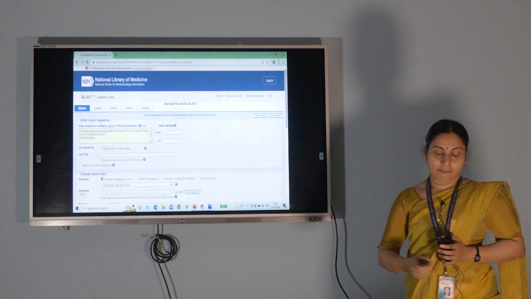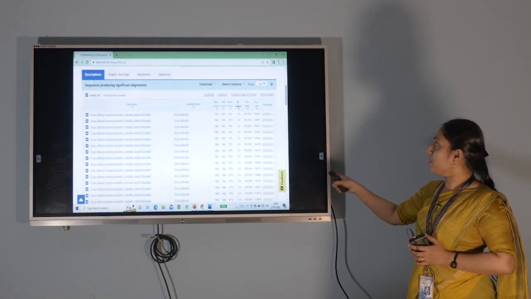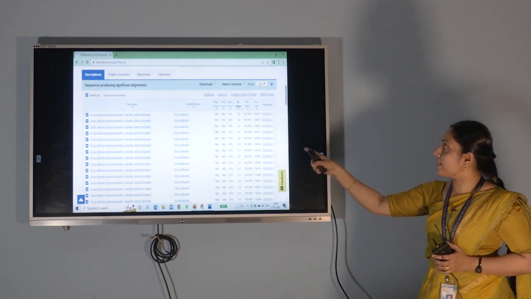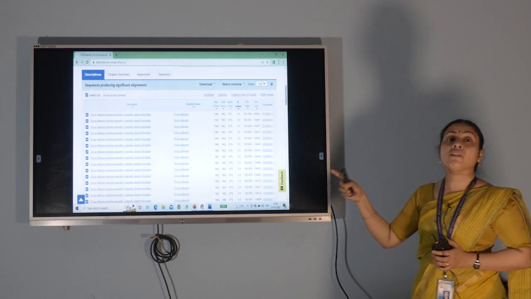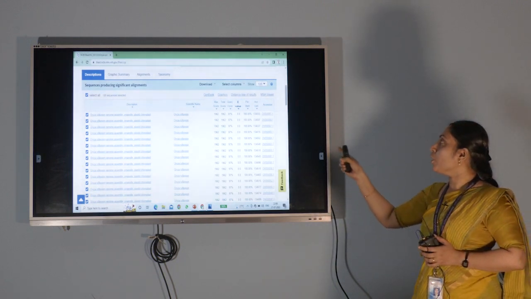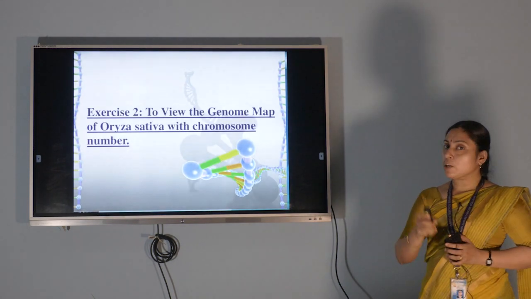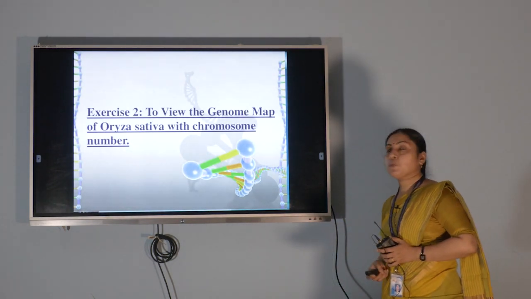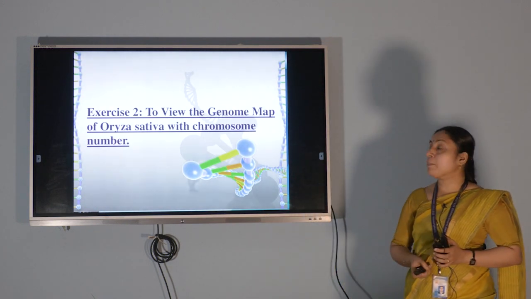We will get the similarity searching tool, and all the information related to the specific sequence is available this way. Here it is mentioned Oryza sativa, 100% sequence similarity; all the types of information are available through these BLAST options. That's all about the first exercise.